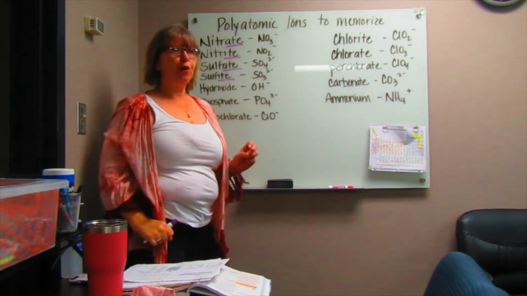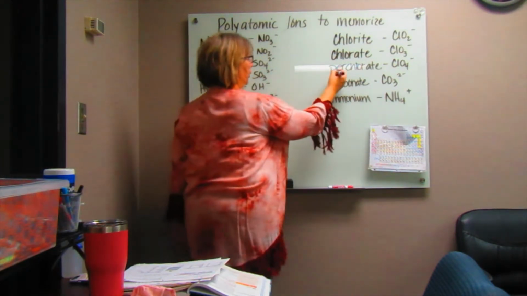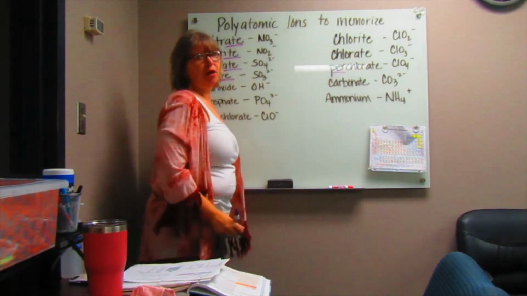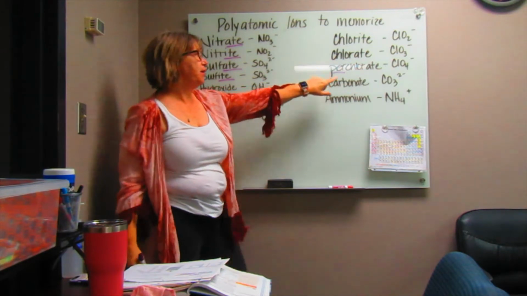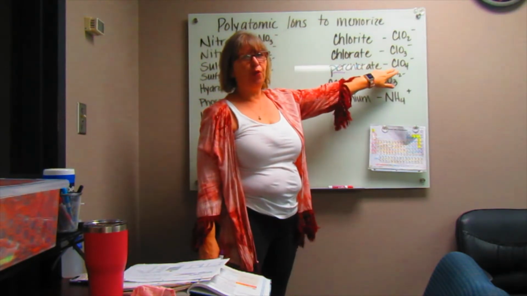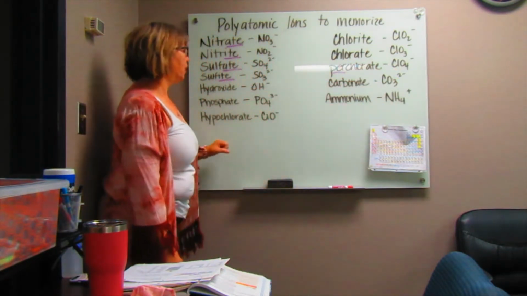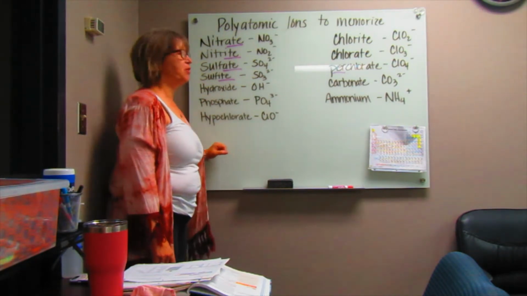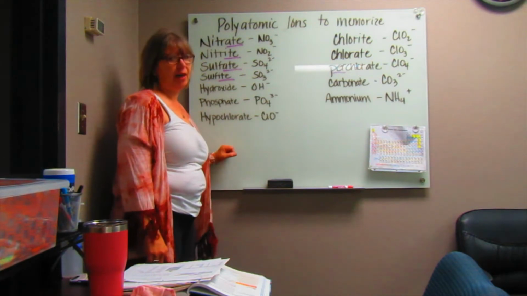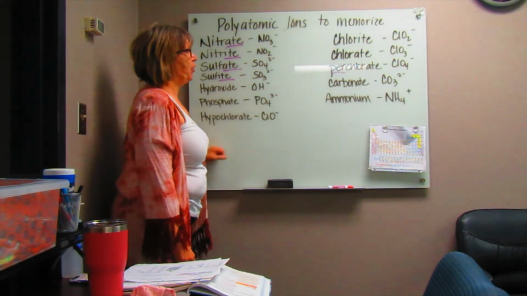And for your perchlorate, per means 4. So that means that there are 4 oxygens, right? Hence ClO4, okay? So that's just one method that I used to memorize these polyatomic ions, and I wanted to show you those.